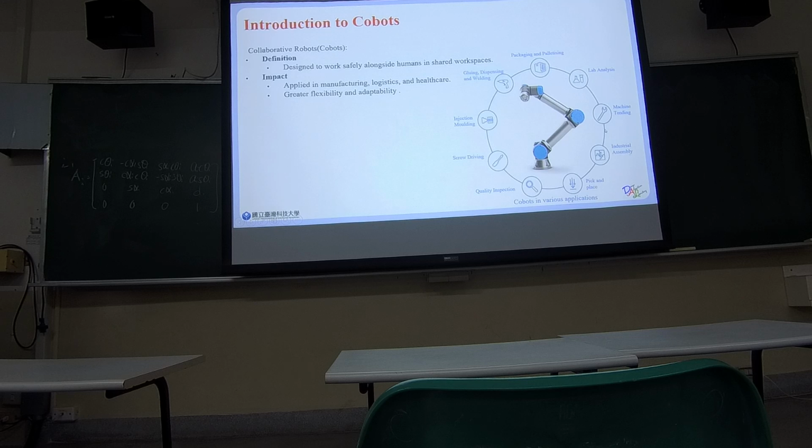Introduction to cobots. Collaborative robots, or cobots, are designed to work alongside humans in a shared workspace. They have been widely adopted in manufacturing, logistics, and healthcare industries. With their greater flexibility and adaptability, cobots can significantly enhance production efficiency and enable safe human-robot collaboration.